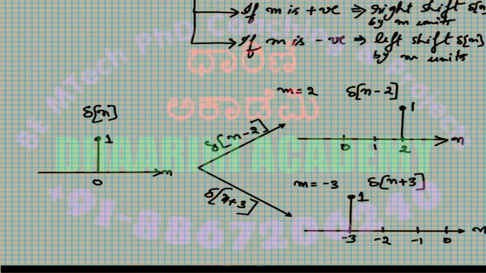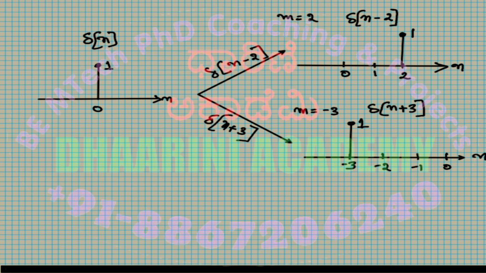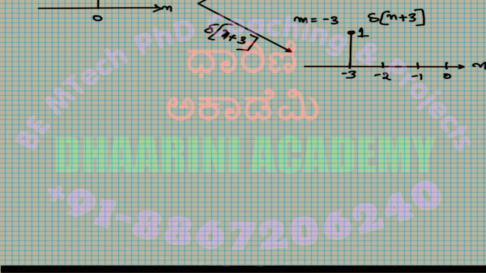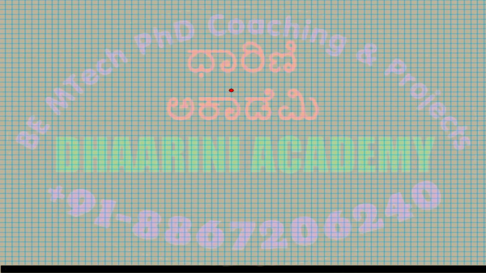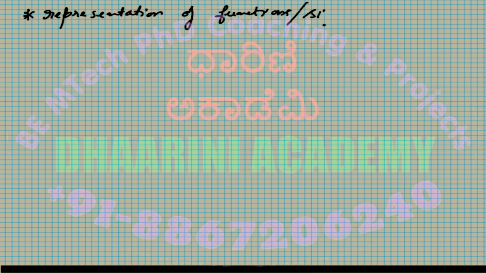Before going to the actual problem of the convolution, I need to know how to represent any given function in terms of delta. So the next topic that we are going to discuss is the representation of functions or signals using delta of n.